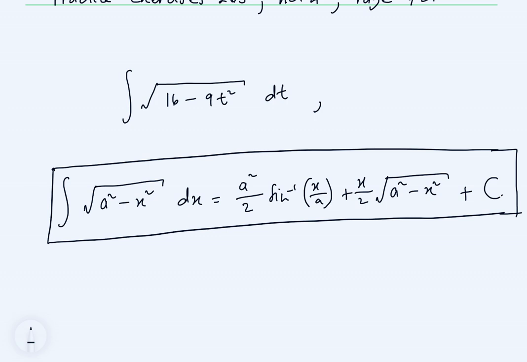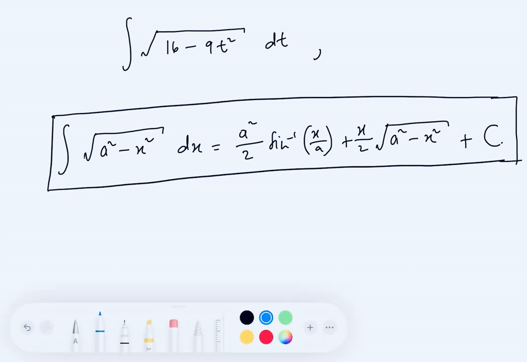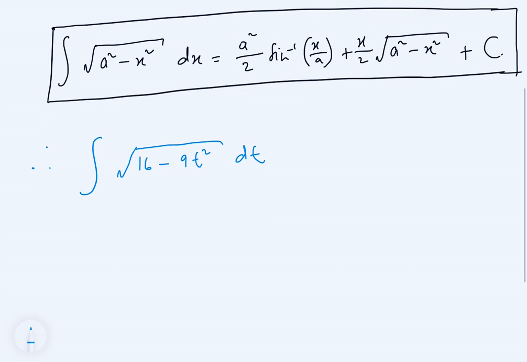Now we go to our integral. We notice that we have a 9t squared in the second term under the square root. So let's say the following: the integral of the square root of 16 minus 9t squared with respect to t. This is what we have to evaluate.